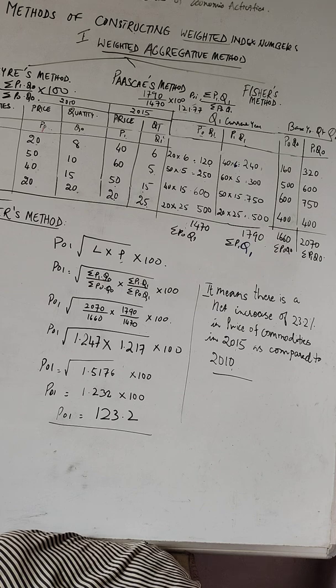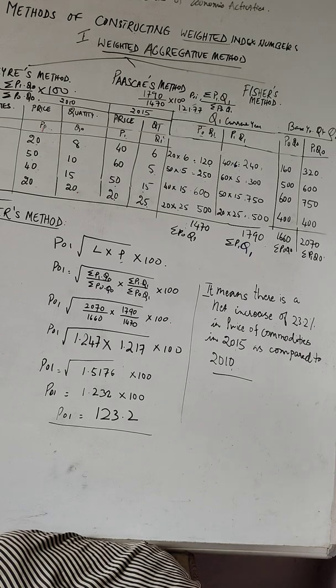Time reversal means that if we change base year to current year and vice versa, then the product of the two indices should be equal to unity. Thus, an index number should work both ways, forward as well as backward.